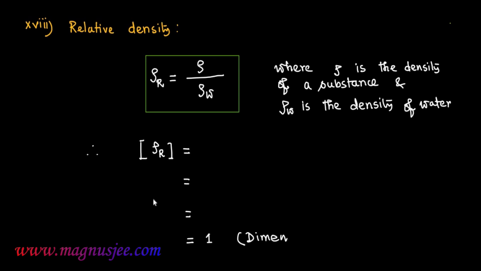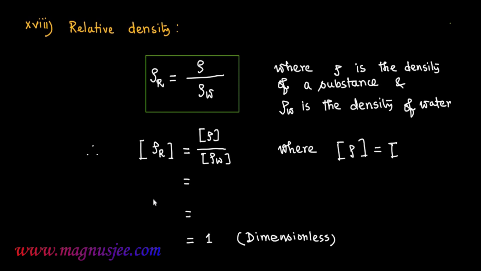Dimension of rho r will be 1, or a dimensionless quantity. In what way does it come as 1? Dimension of rho r equals dimension of rho divided by dimension of rho w, where dimension of rho equals m l to the power minus 3. So it is m l to the power minus 3 divided by m l to the power minus 3.